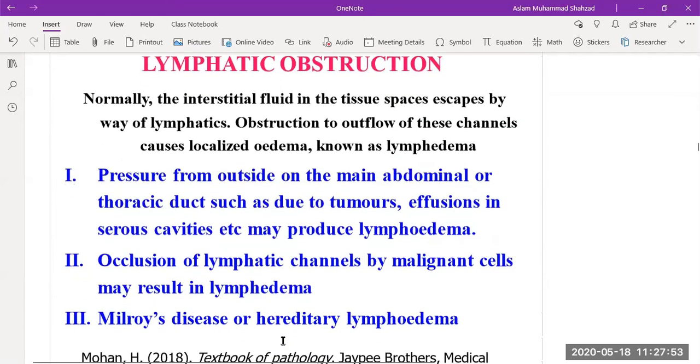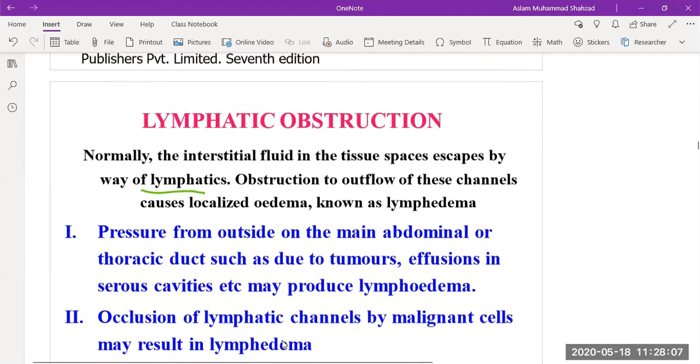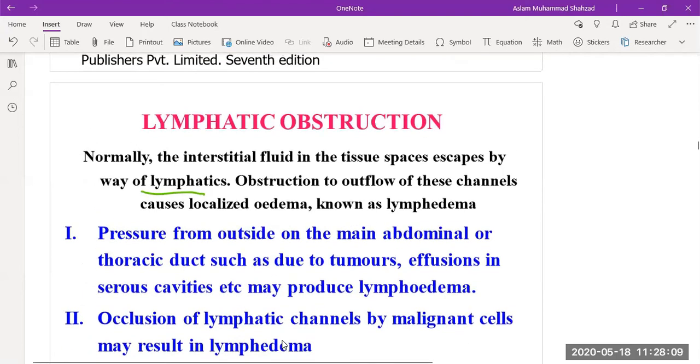Then we have lymphatic obstruction, and normally the interstitial fluid in the tissue space escapes by way of the lymphatics. We know that the lymphatics play an important role in clearance, especially of the interstitial fluid that escapes through the lymphatic system.